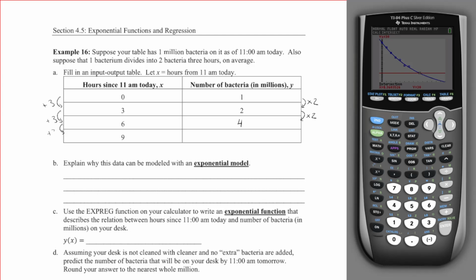Another 3 hours, the number of bacteria doubles again, and now we have 8 million bacteria.